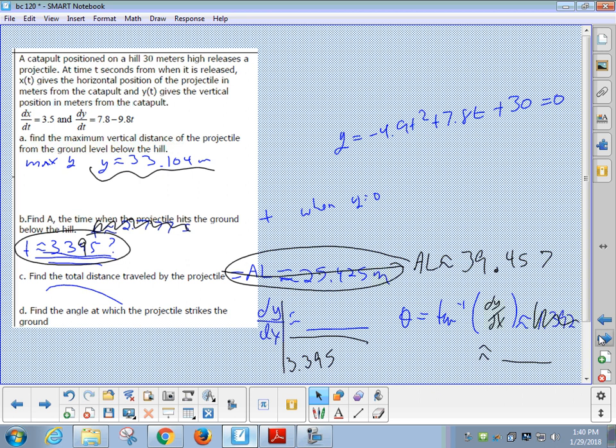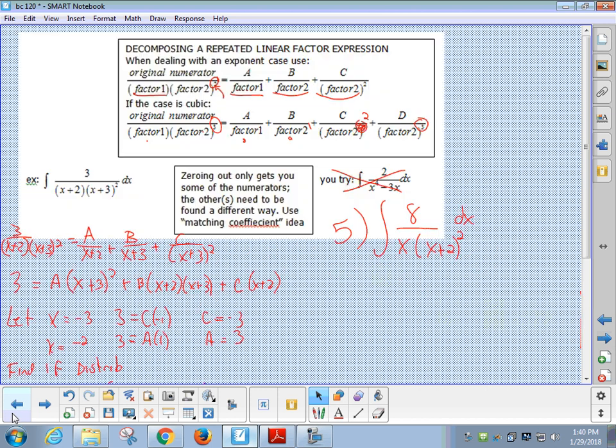So on this, it starts as A over x plus 2, B over x plus 2. When I clear the fractions, that's when I get rid of the denominators.